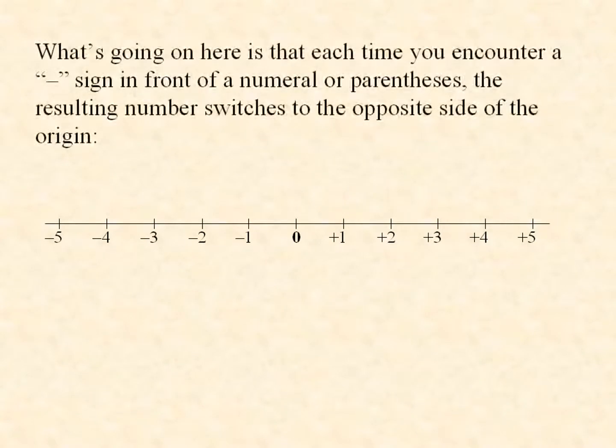What's going on here is that each time you encounter a minus sign in front of a numeral or parentheses, the resulting number switches to the opposite side of the origin. If we start with 2, that's +2. If we place a minus sign, we have -2.